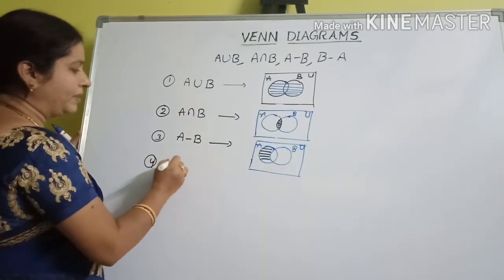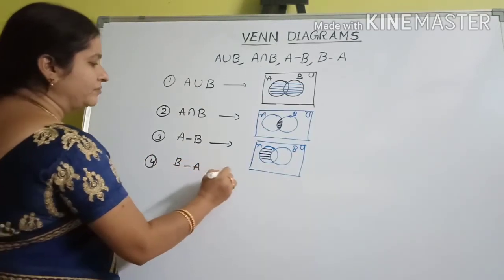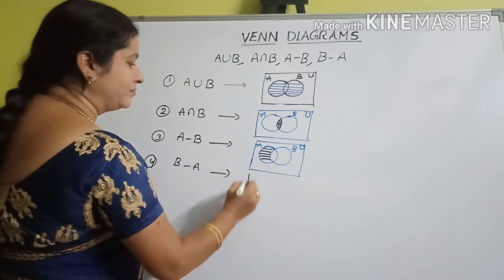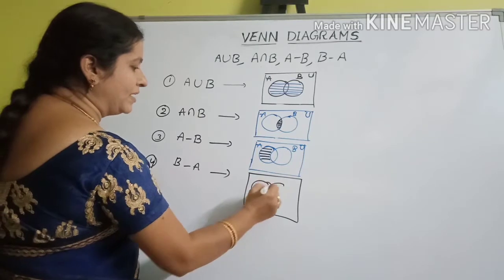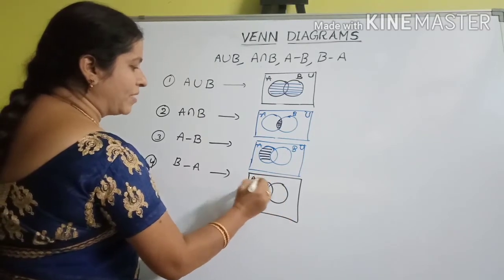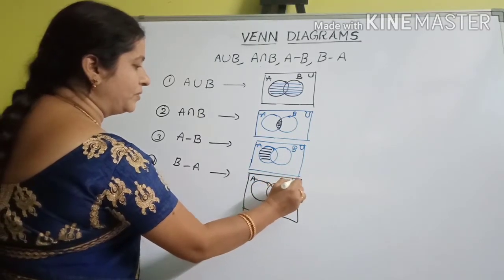What about B minus A? B minus A. These two are sets A comma B. This is mu.